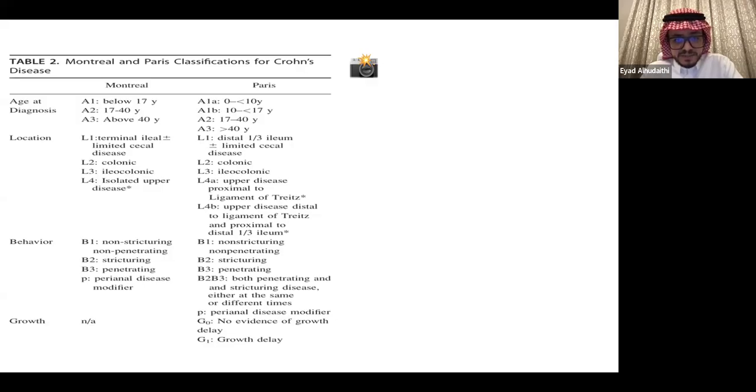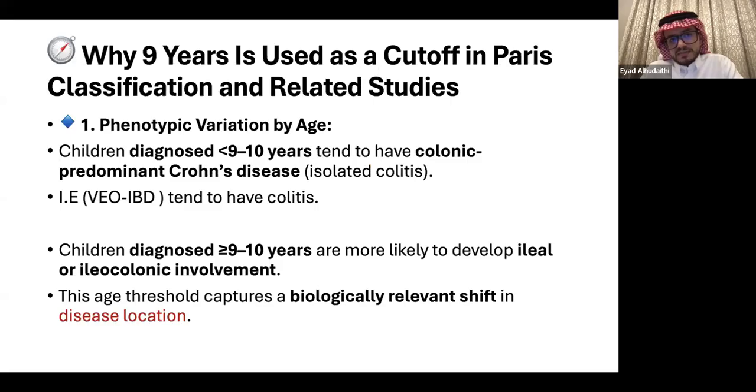So why 9? Why did they choose 9 years? It was for different reasons. First, because of the phenotypic variation by age. Children diagnosed at less than 9 tend to have colonic predominant Crohn's, like isolated colitis.